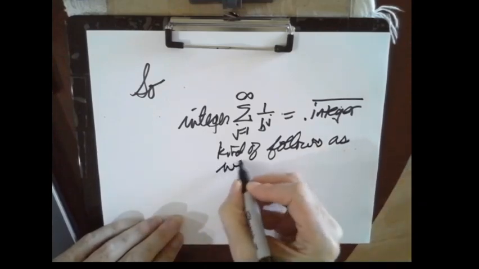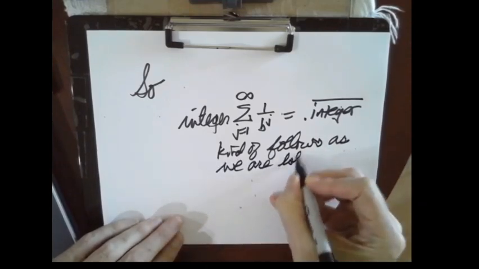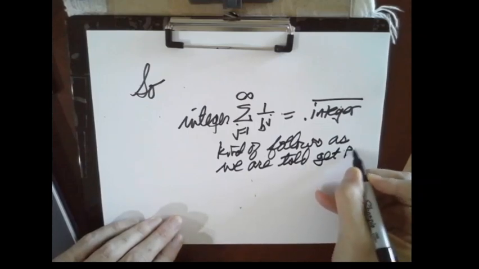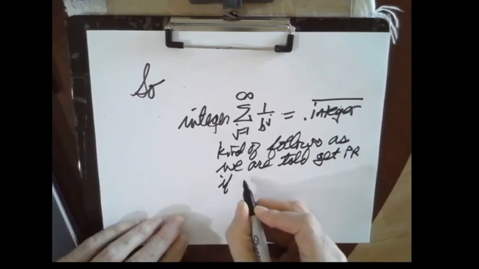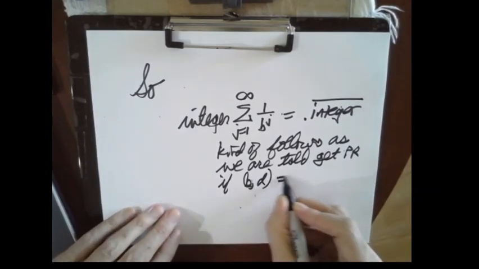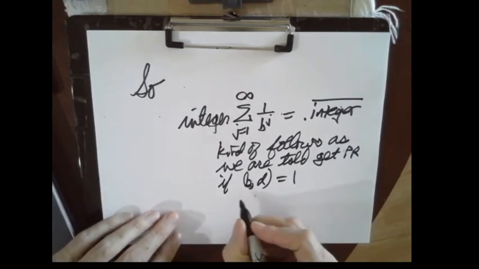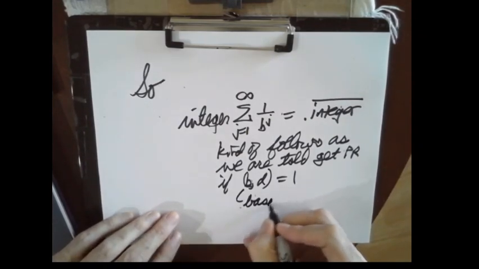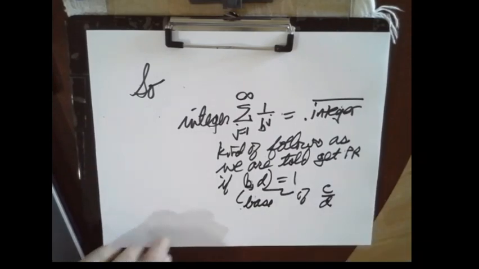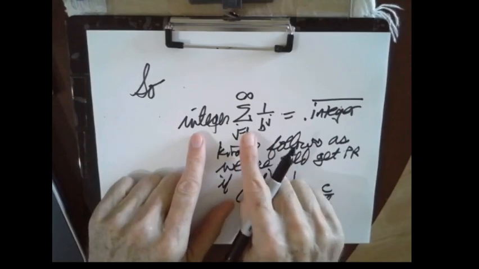As we are told, you get pure repeating if the base and the denominator of the fraction are relatively prime. B base d of c over d. And so this is the pattern we got before.